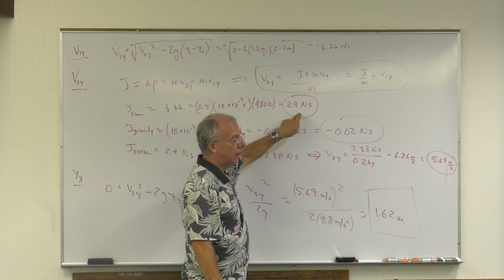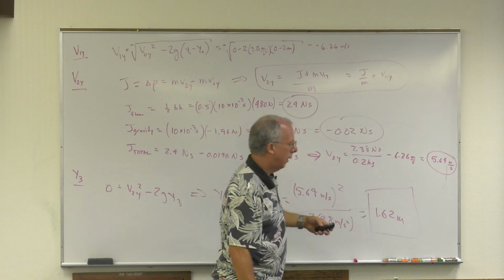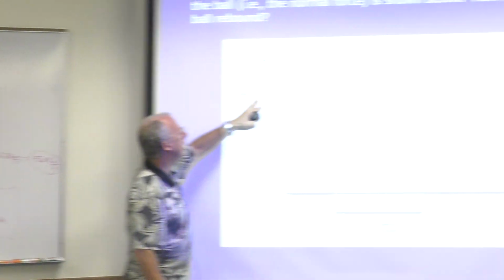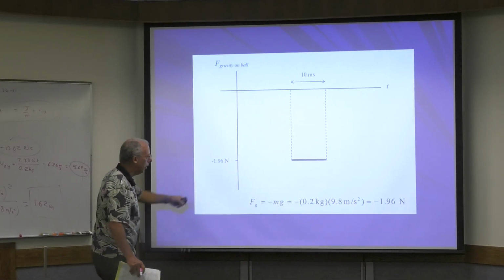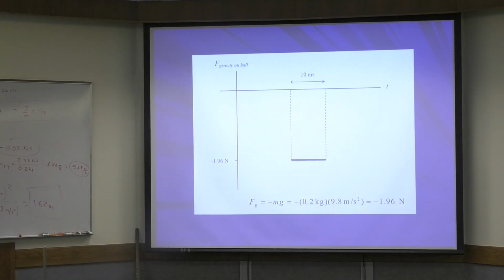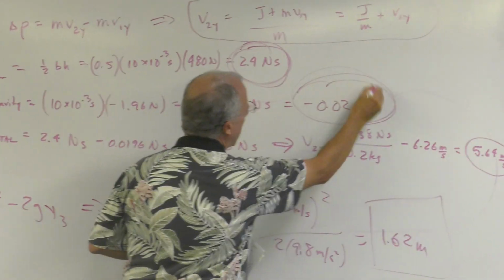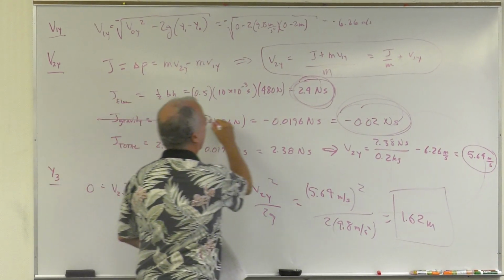Nah. As soon as you see this 480 newtons, and then you look at gravity and it's like minus 2, this impulse is much, much larger than this impulse. So typically, you just ignore this.